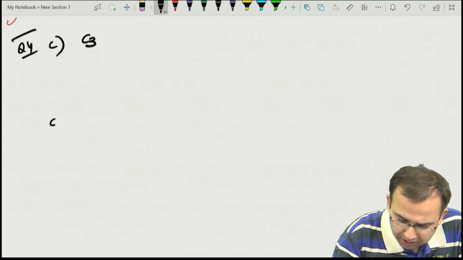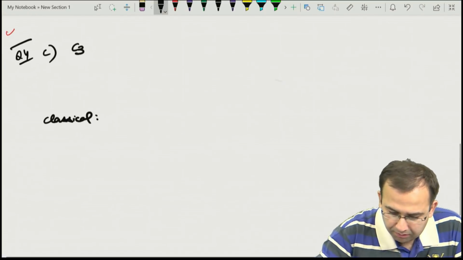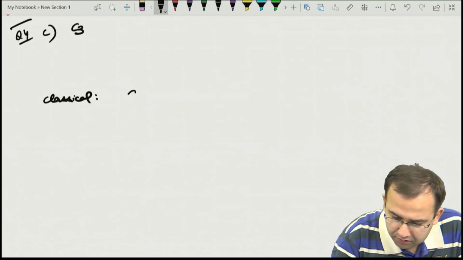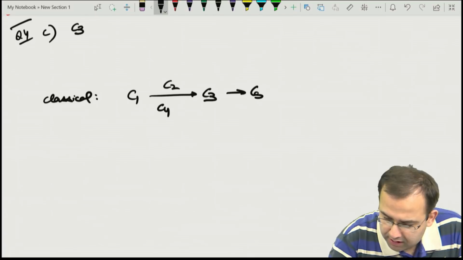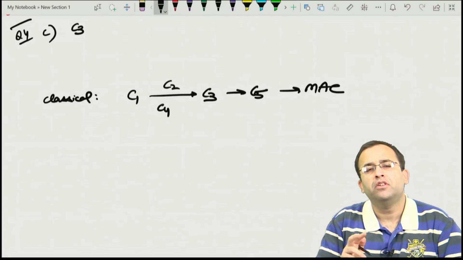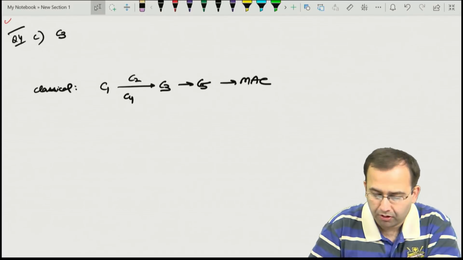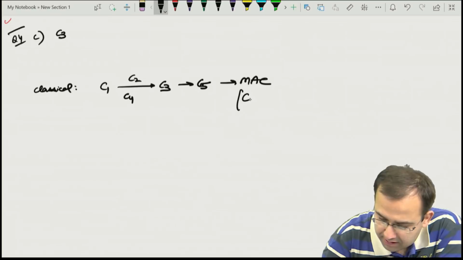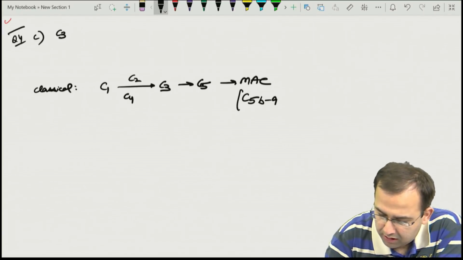You very well know that there are 3 complement pathways. The classical complement pathway starts from C1, involves C2, C4, goes to C3, C5, and then MAC. MAC stands for membrane attack complex, composed of C5b to C9.